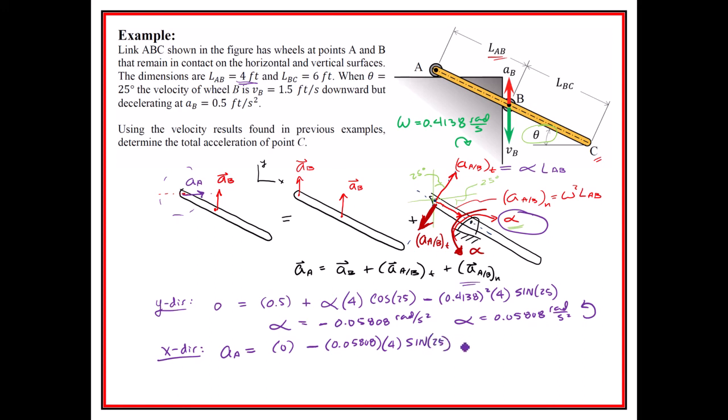And then we're also going to add in plus the 0.4138 squared times 4 times the cosine of 25 degrees, because that's still to the right. That's this guy right here, and we know it's the cosine because it's this adjacent side right there.